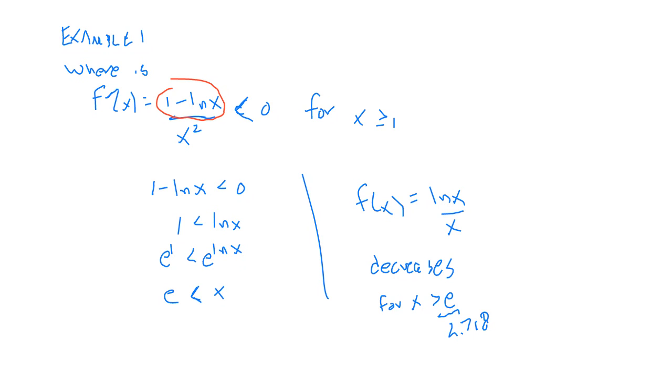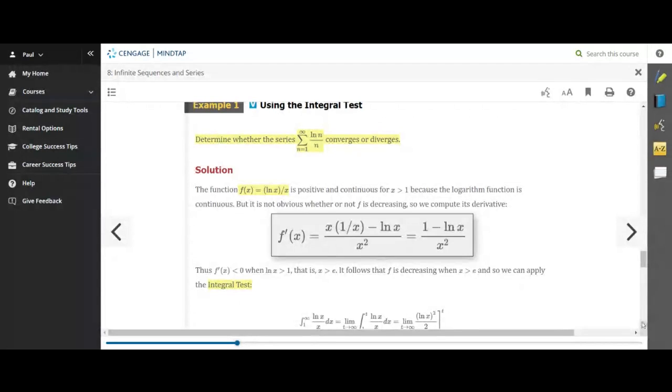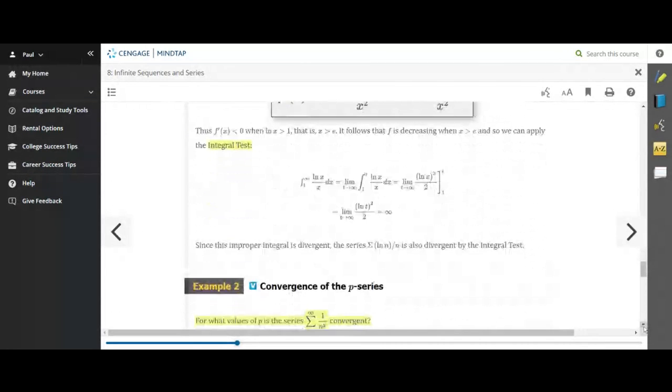So the fact that the function is eventually decreasing means you can use the integral test. So that being said, let's go back to that example 1. We'll use the integral test.